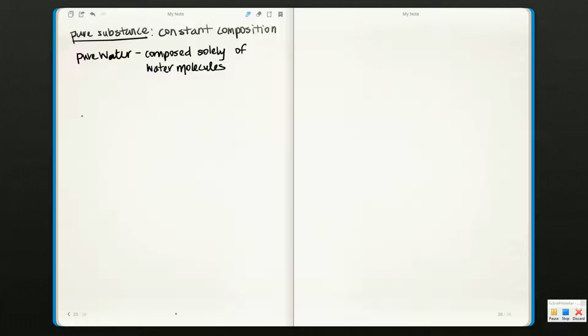Okay. So that leads us to our next point, where we're going to talk about the difference between physical and chemical changes.